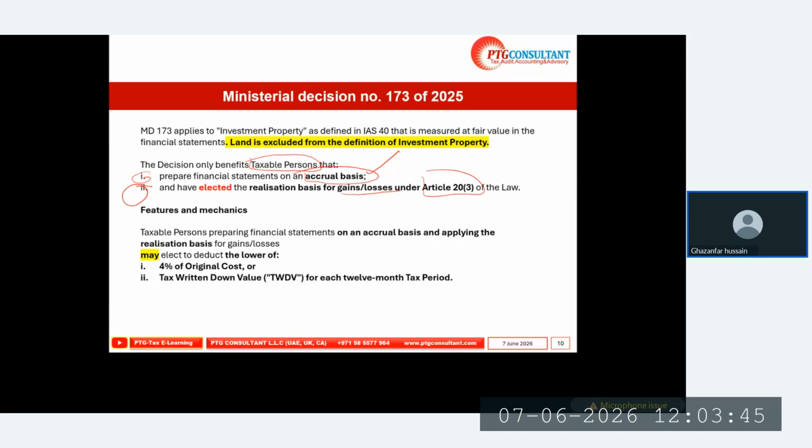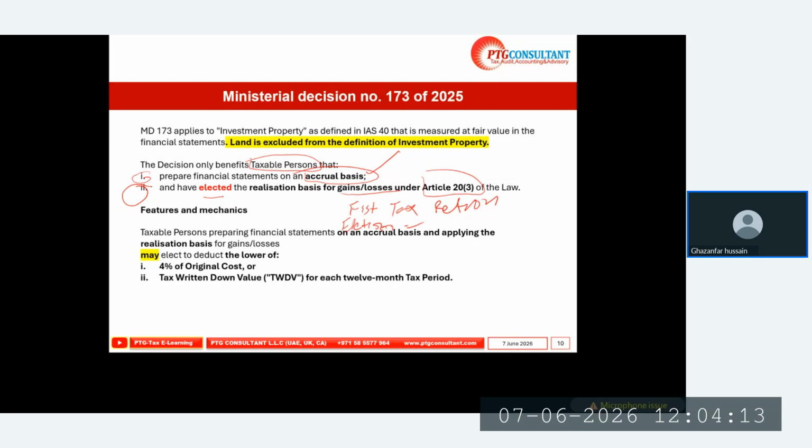The second important factor we have to look into is which election they made. Election means that in the first tax return, we have to make the election. That election we also covered.